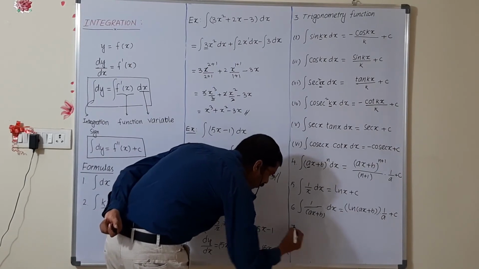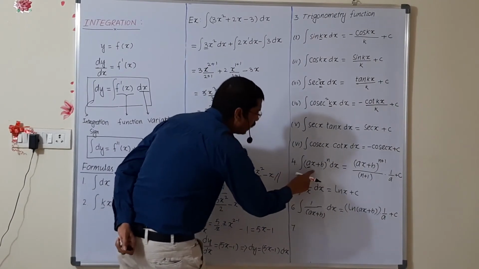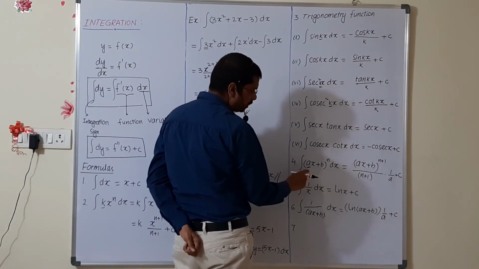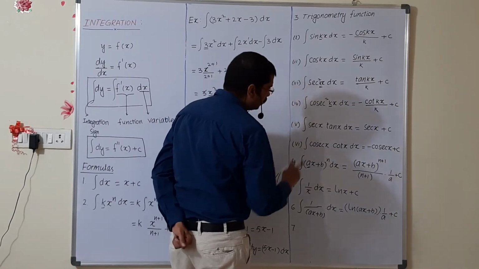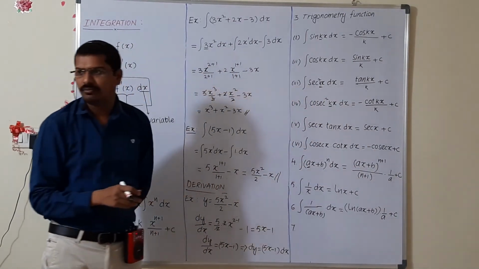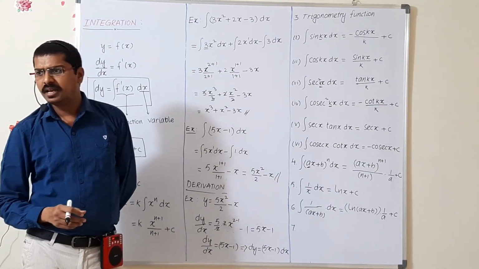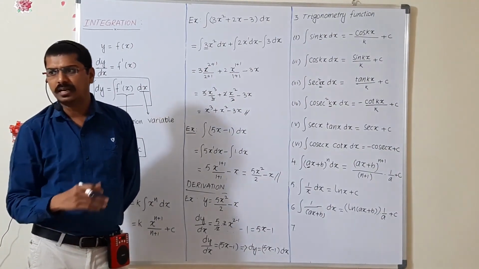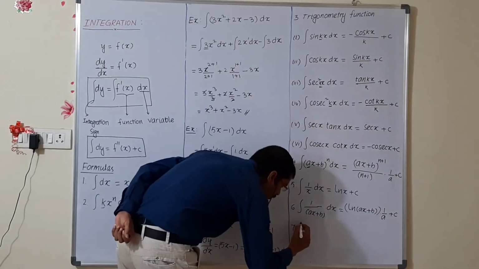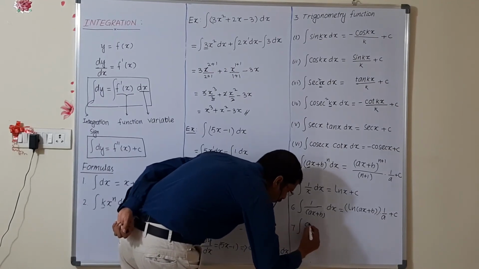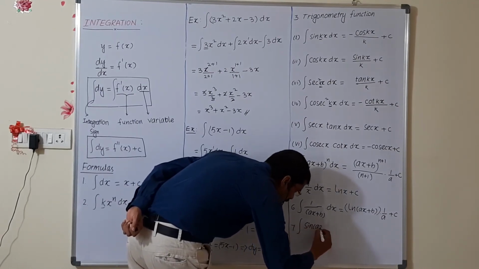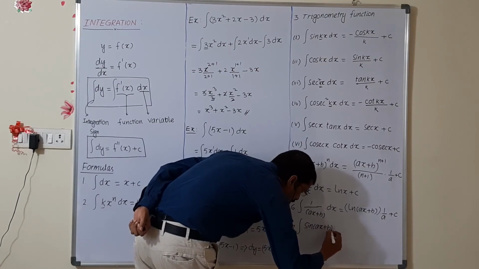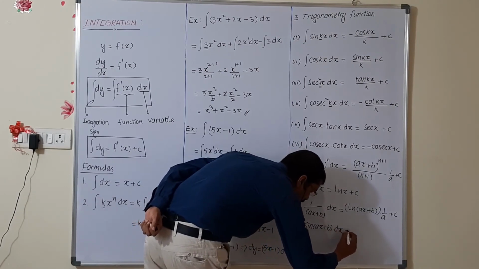The seventh formula: for example, sine and cos are also functions of ax plus b. How can we write it? The integration of sin(ax plus b) dx.